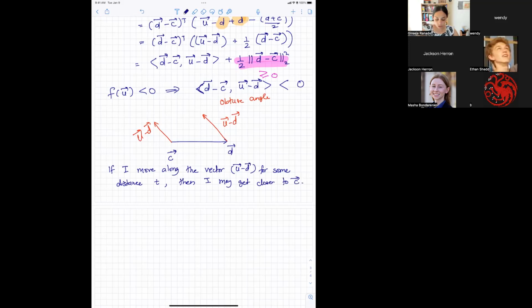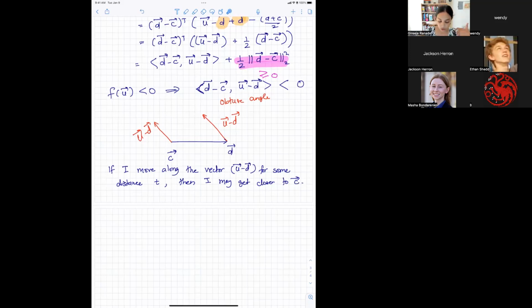Clearly, I'm basically trying to think of what multiple of u minus d I can move along. If I took a very large multiple of u minus d, clearly I'm not going to get closer to c than d is. I might get very, very far away, right? So this is not true for every t, but can we show that there exists some t for which this is true?